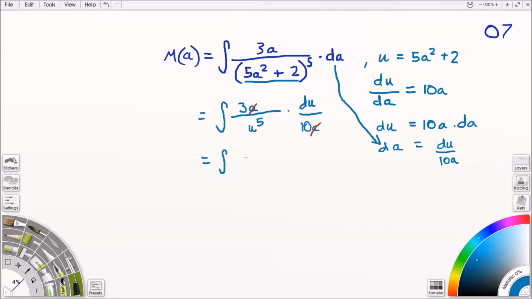This is starting to look a lot nicer because now we have 3 over 10 times u to the 5. I'm going to leave the du out here.